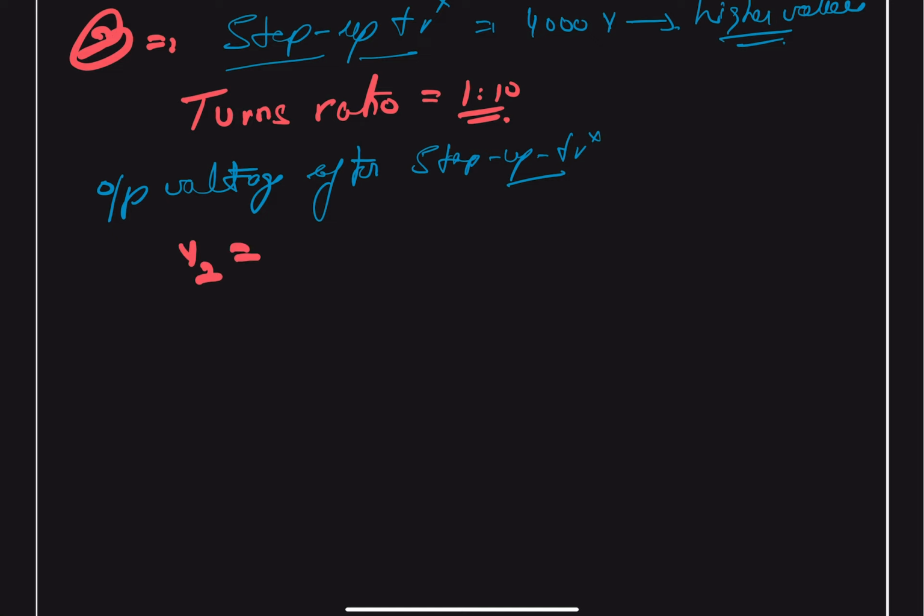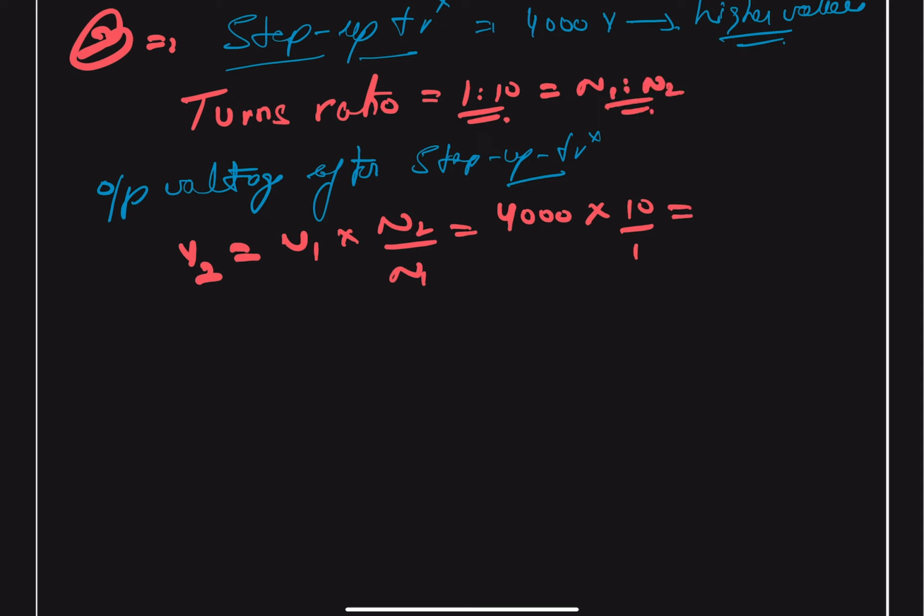V2 will be equal to V1 multiplied by N2 divided by N1, and V1 is our 4000, and this comes as 10. Ratio is given as 1:10, so N2 upon N1. So this basically is our N1 is to N2. So we get this as 40,000 volts.